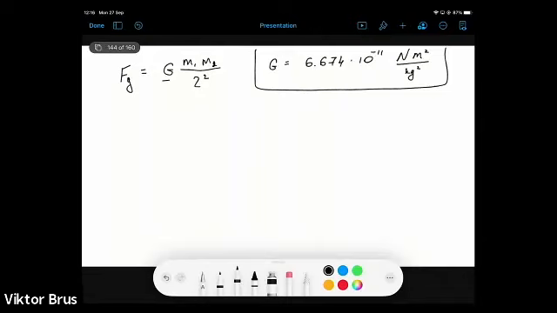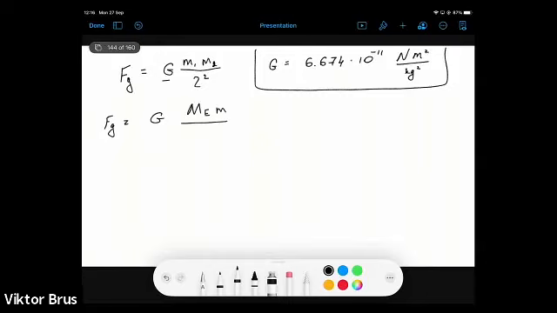So if we consider some body which is located on the surface of the Earth, then the gravitational force can be written as this gravitational constant times the mass of the Earth times the mass of the body on its surface.